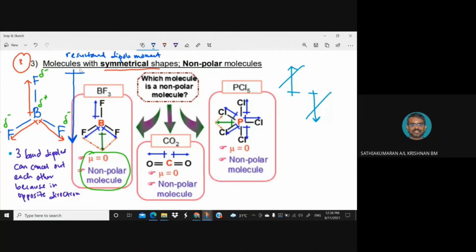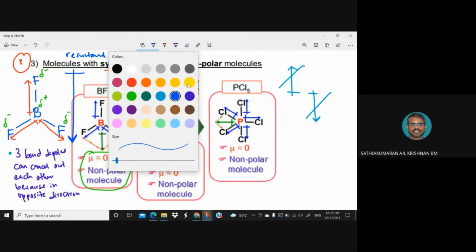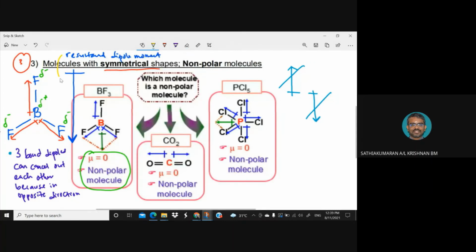And you can label it resultant dipole. You have to label it. After you already draw this arrow, you have to label this one: resultant dipole moment.